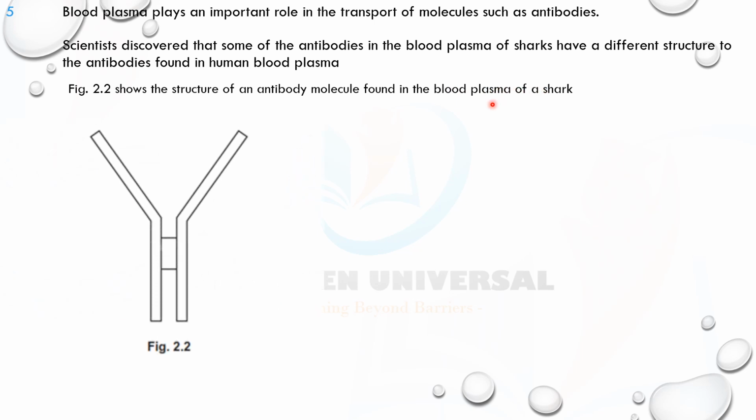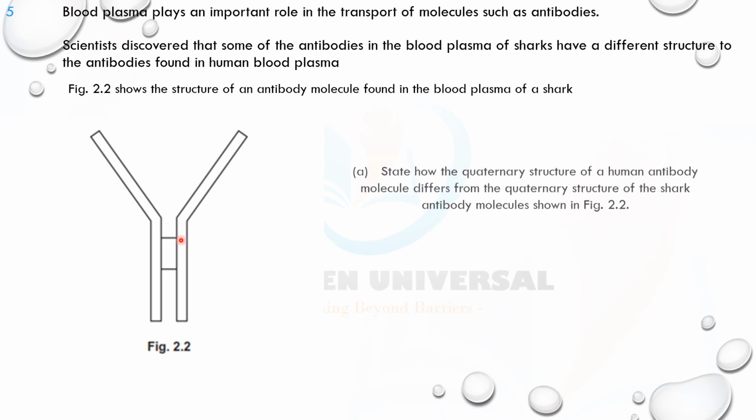Shark. You know that song they sing, baby shark, mommy shark, daddy shark? That helps you to remember this. So this is the structure of antibody from shark. Who knows that shark antibodies will be used by human beings to save life?